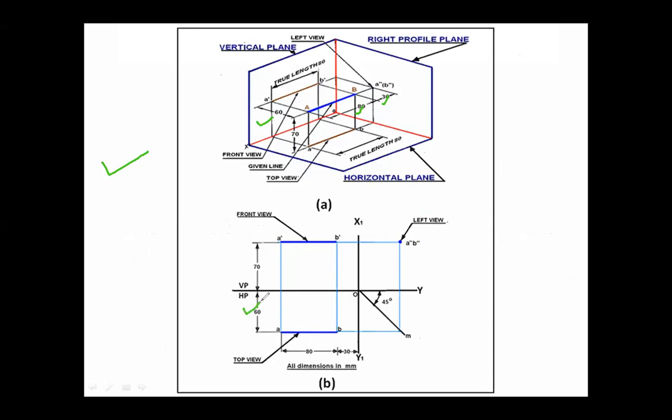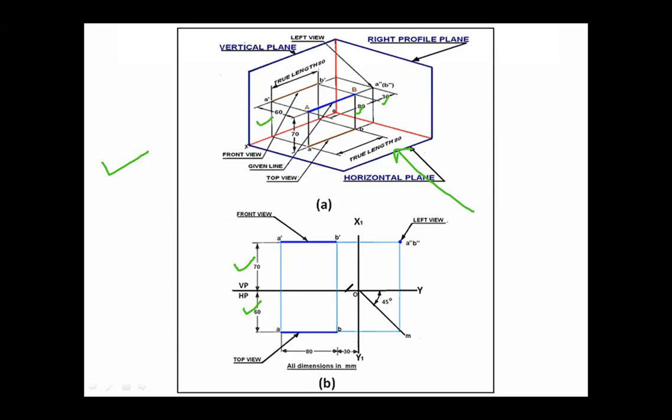So this distance is 60. It is 70 mm away from the horizontal plane. That we can see from the front view only. So this is the front view. It is seen at 70 mm distance. Fine. And how much is it away?